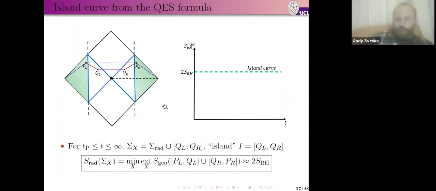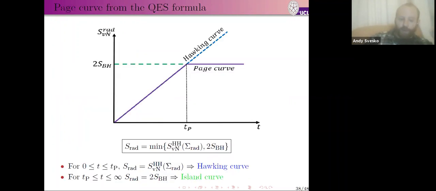So this shows that we have two different calculations, two different expressions for the radiation entropy. And so the question is, does it follow the Hawking curve or does it follow the island curve? And the answer is it actually follows both, because again, as instructed from the QES formula, the radiation entropy is given by the minimum. You take the minimum of the extremized generalized entropy.